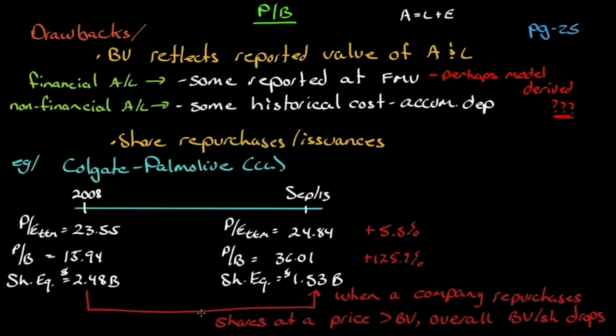And as we've seen when we talked about dividends, dividend-paying companies are declining, share buyback companies are increasing, which makes price to book more and more difficult to use across companies, because no matter what peer group you come up with, I guarantee you there's a couple in there that have bought back shares. That's going to ruin your comparability.